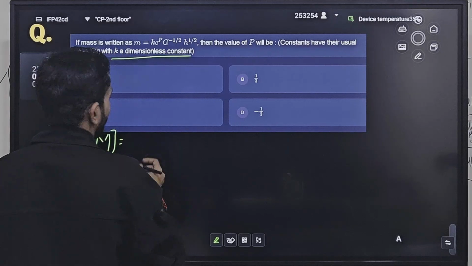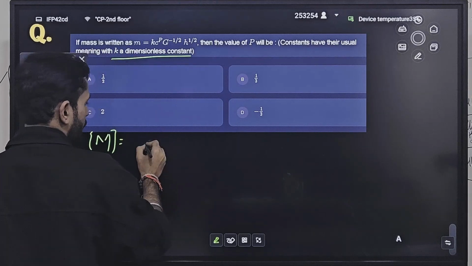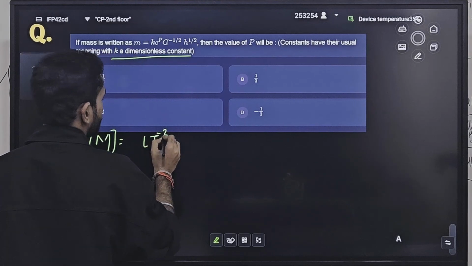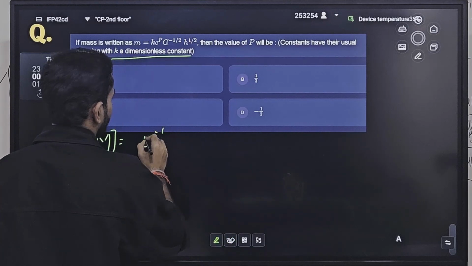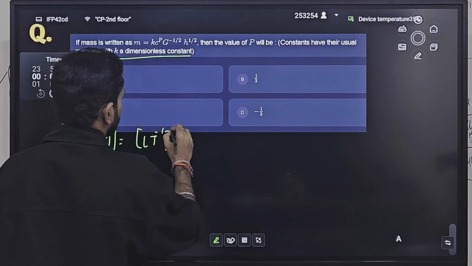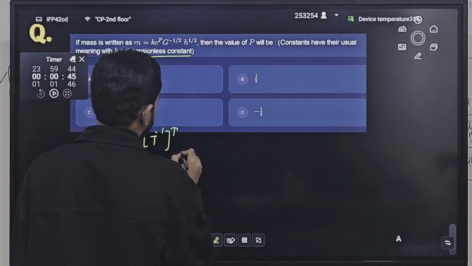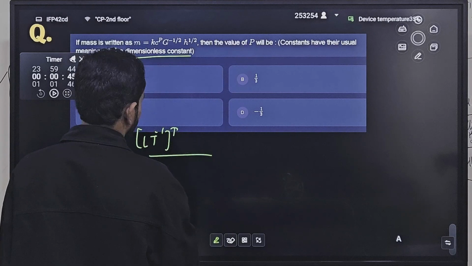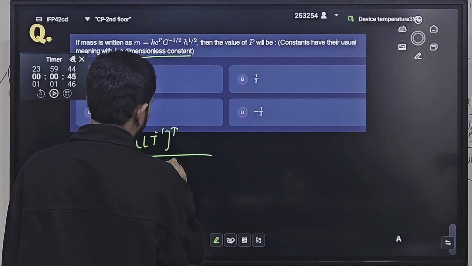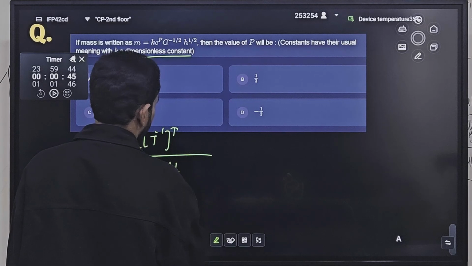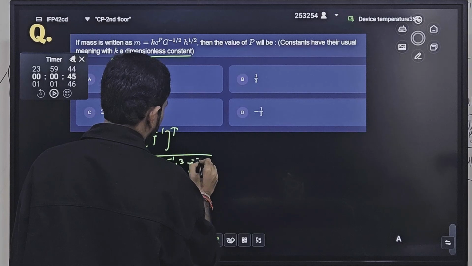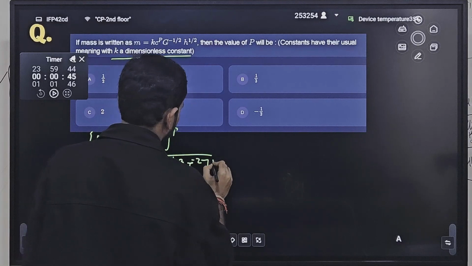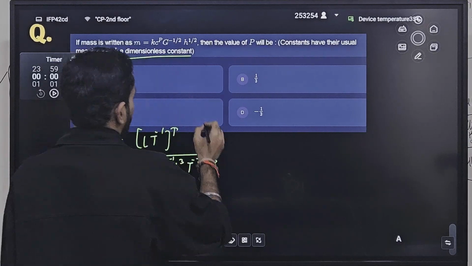On the right hand side, K doesn't have any dimension. C, how can you write? L T minus 1, sorry, L T minus 1 power P. Then what about the gravitation constant? It is in the denominator. Gravitation constant is nothing but M L power, this is the power of T minus 2, and Planck's constant.